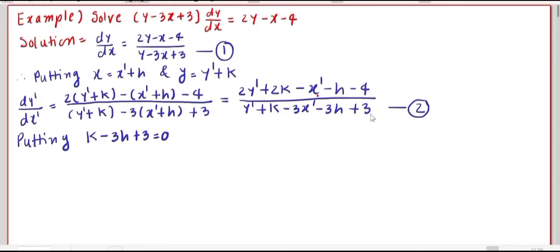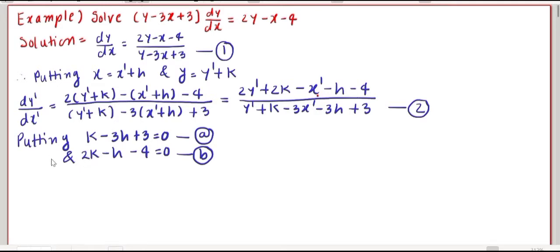This is equation number A, and 2k minus h minus 4 equal to 0. This is equation number B.